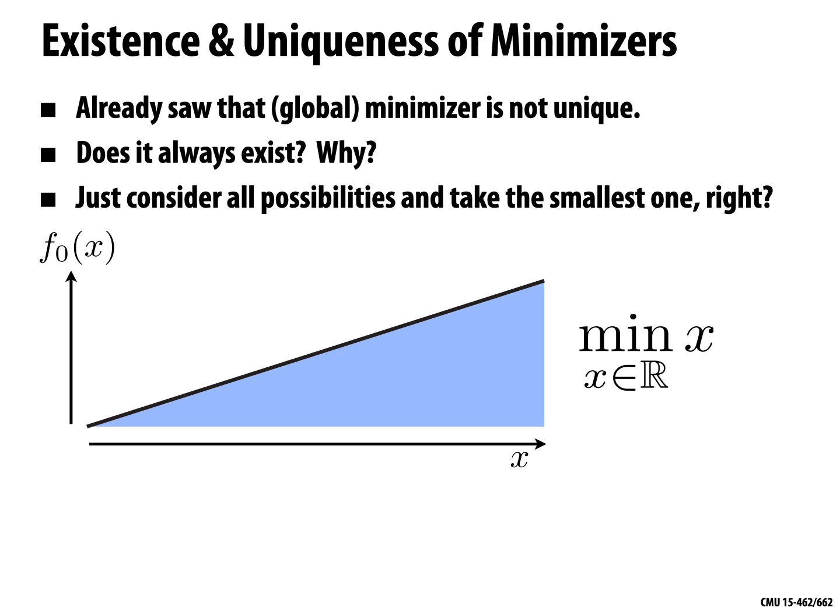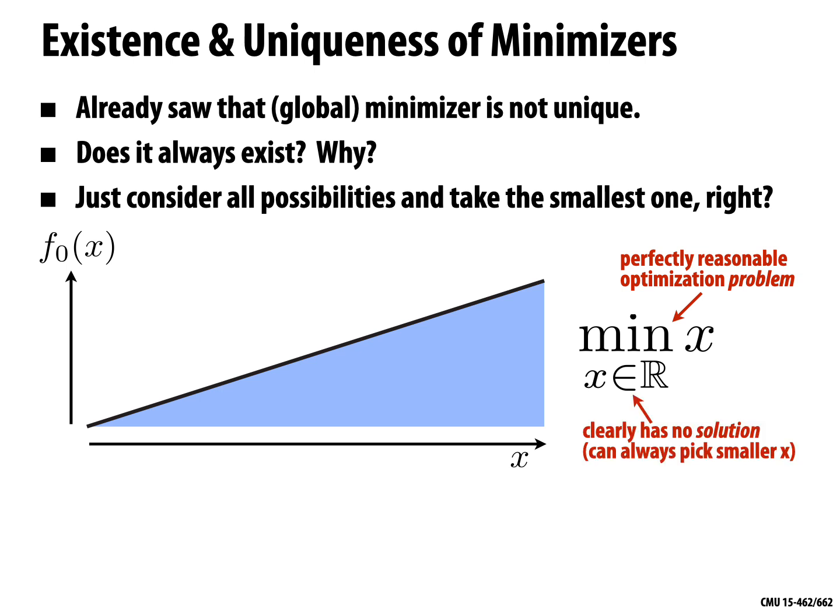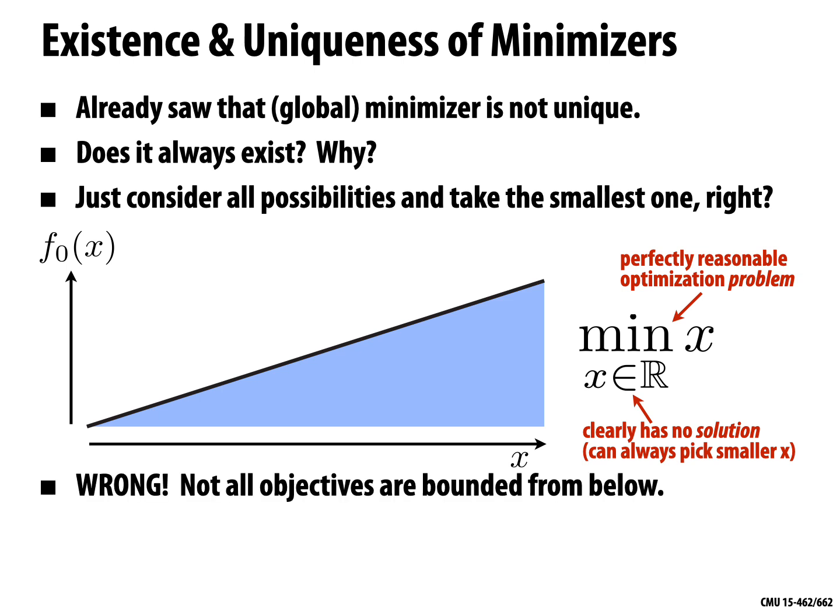I could keep moving x further and further to the left, and the value will go down and down and down. So we set up a perfectly reasonable optimization problem. It doesn't involve any crazy objective functions or any crazy constraints, but it clearly has no solution. We can always pick a smaller x. So we cannot always find a global minimizer.